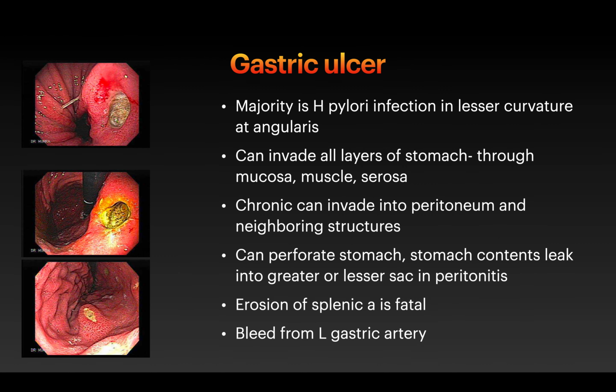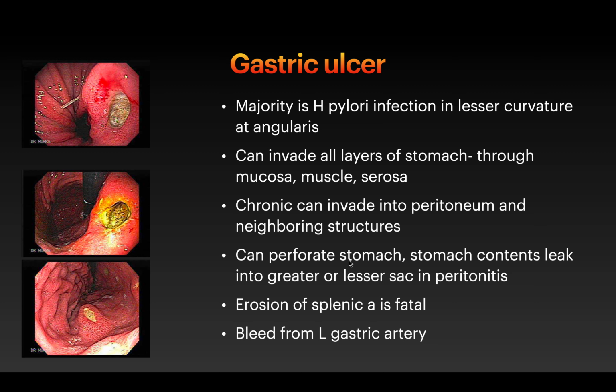Okay, so ulcers are pretty bad because the majority are usually an H. pylori infection in the lesser curvature at the angularis. That's usually where they occur. Unfortunately, it can eat through all of the layers of the stomach, from the mucosa, submucosa, muscle, serosa, and in a chronic case, it can invade into the peritoneum and the neighboring structures.